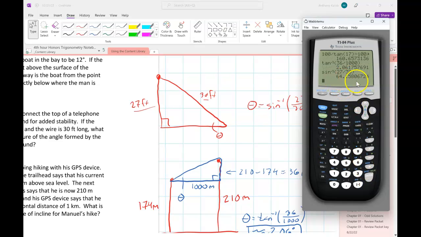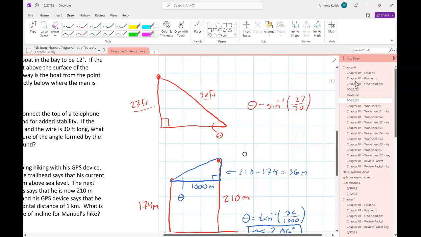And we get 64.2-ish. Oops a daisy. But no big deal, right?